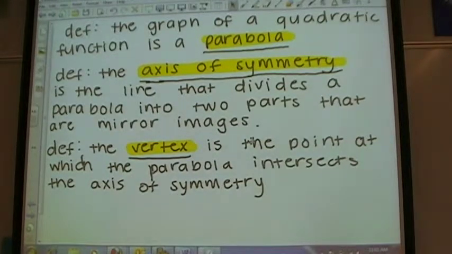The axis of symmetry is the line that divides a parabola into two parts that are mirror images. Because a parabola is symmetrical, you have to have an axis of symmetry. And the vertex is the point at which the parabola intersects the axis of symmetry. I'll give you a minute to write that down.